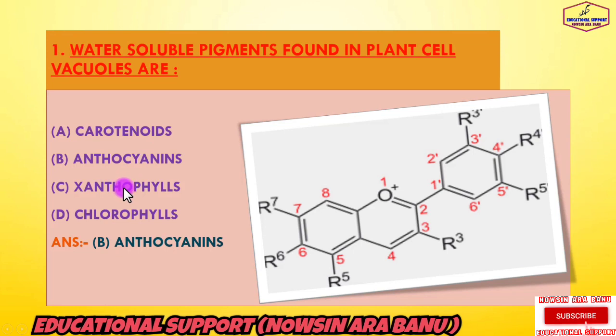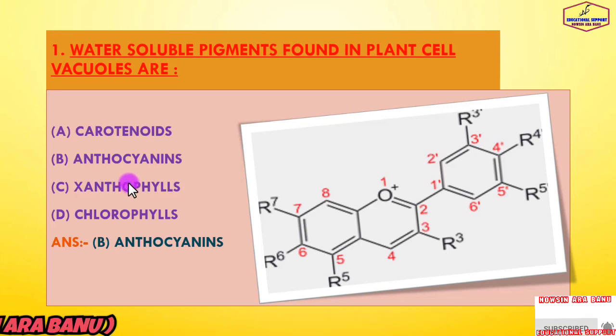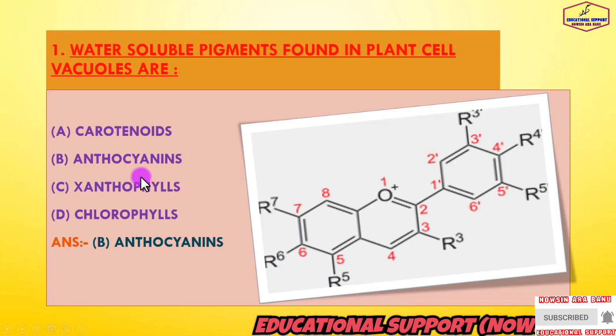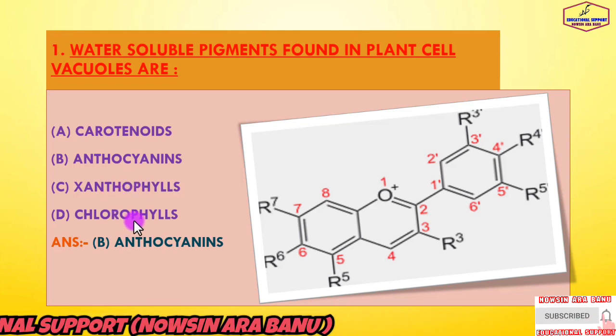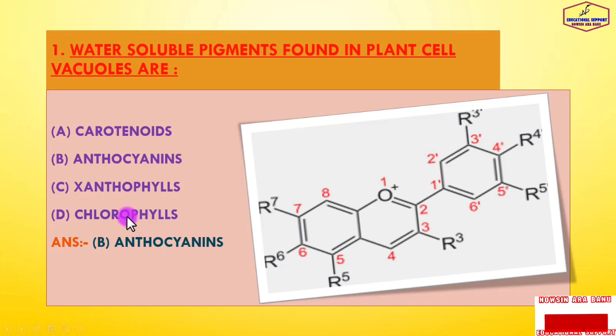Xanthophylls are a type of carotenoid which is yellow in color and contains oxygen, for example, fucoxanthin. So, xanthophylls and chlorophylls are not water soluble as they are part of the light harvesting complex.